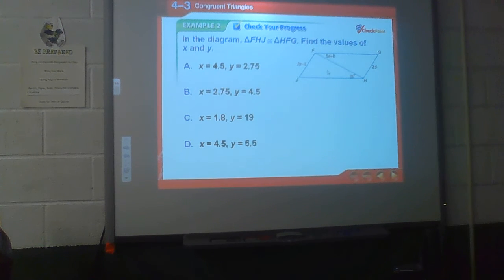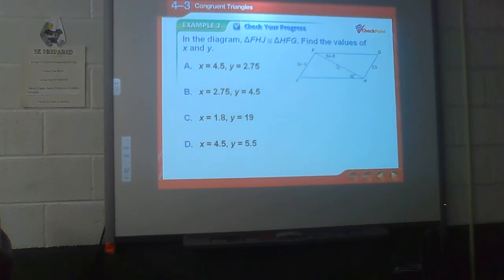That's where we would use reflexive, if we had to in our proof, and we will do that. They'll ask you to prove that these triangles are congruent. I can always say FH is congruent to FH by reflexive, because they're the same thing. They're touching, but they have to be in both triangles.